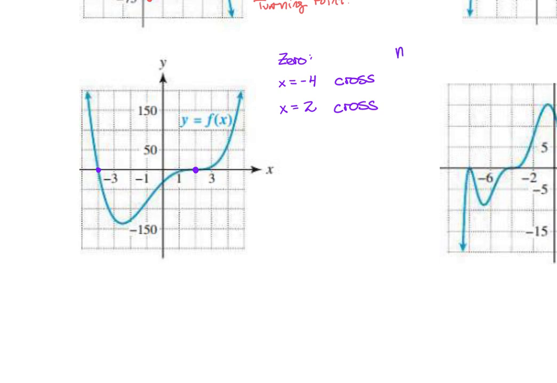So let's talk about our multiplicities. The first one, -4, does have a multiplicity of 1. It basically goes straight through the x-intercept. At 2, it is going to be an odd multiplicity because we do cross, but I want an odd number larger than 1, and so we're going to go with 3.